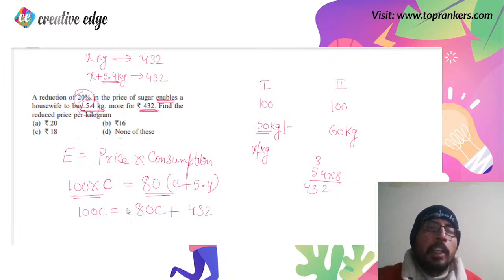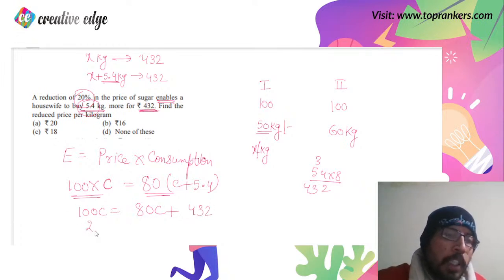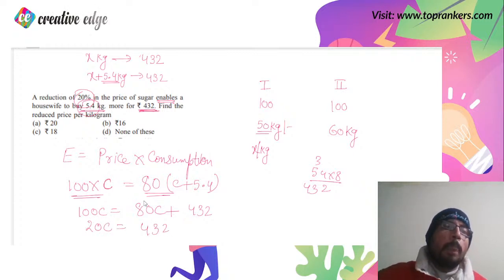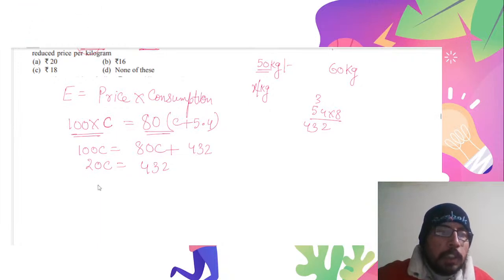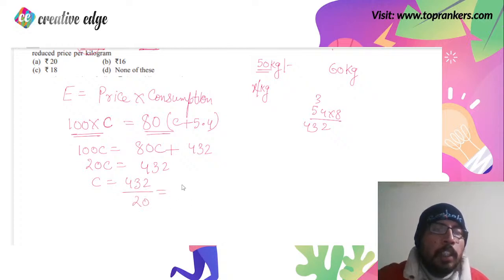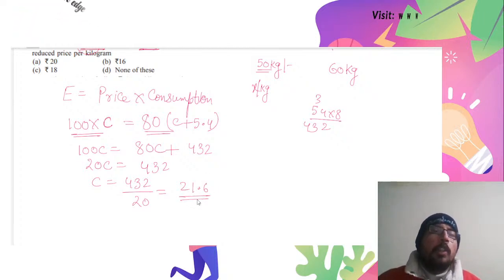So 80C will go there, and it will be 20C equal to 432. So the value of C will be 432 upon 20, which is 21.6. So initially the consumption was 21.6 kg.